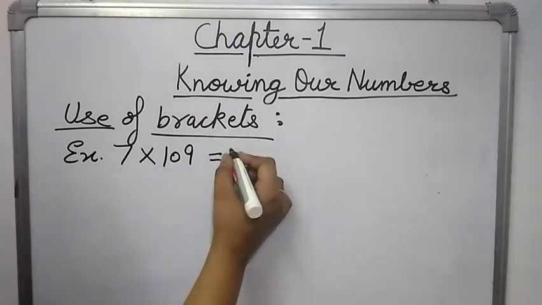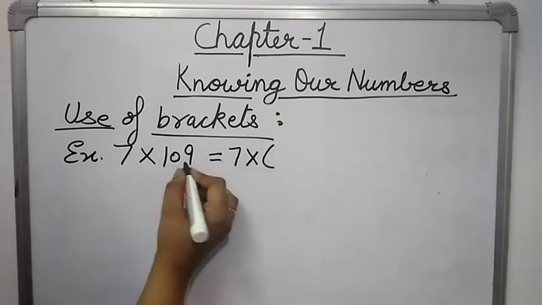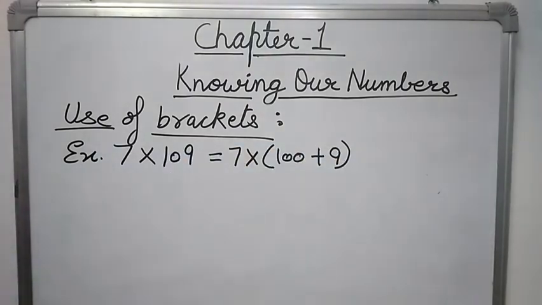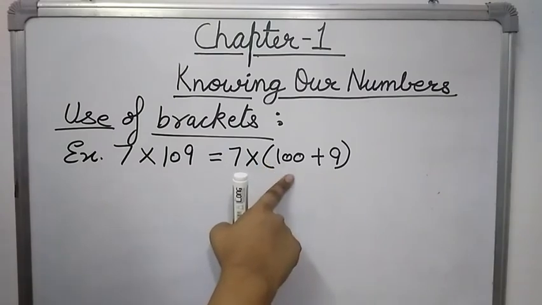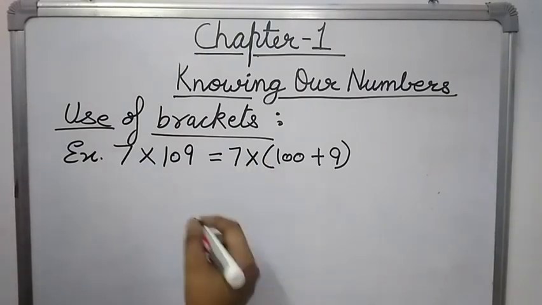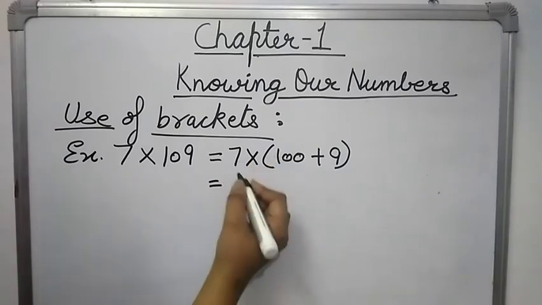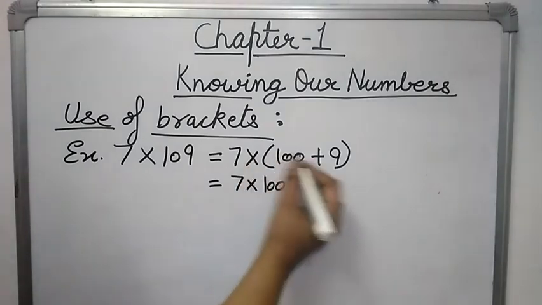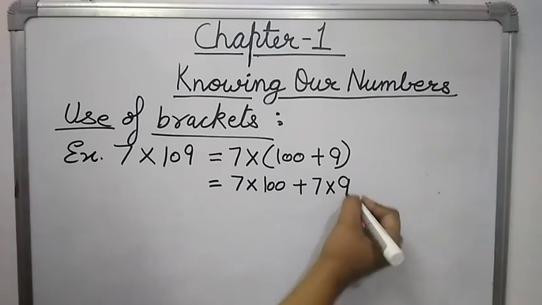We can write 7 multiplied by 109 as 7 multiplied by (100 plus 9) within brackets. Now when we open or expand this bracket, we will multiply this 7 to this 100 first, plus 7 multiplied to 9.